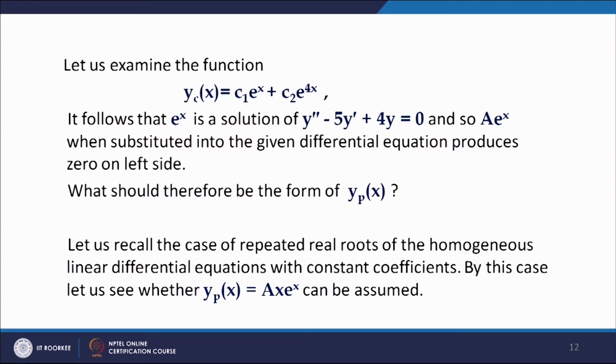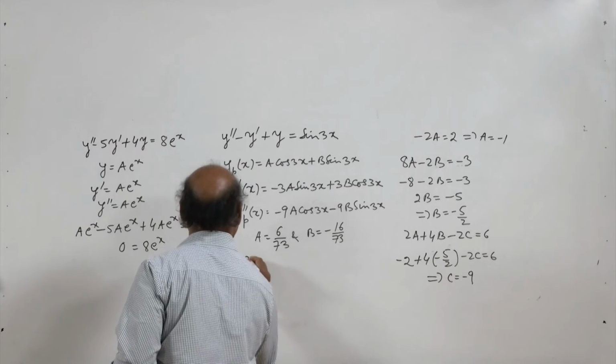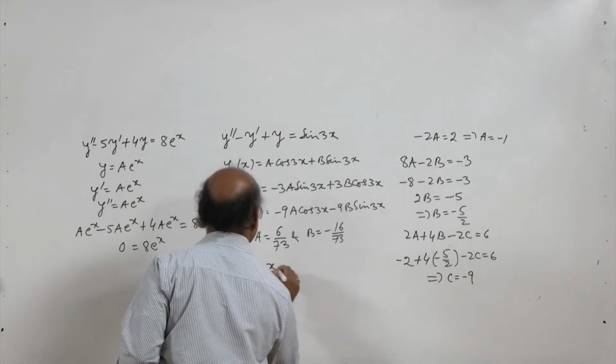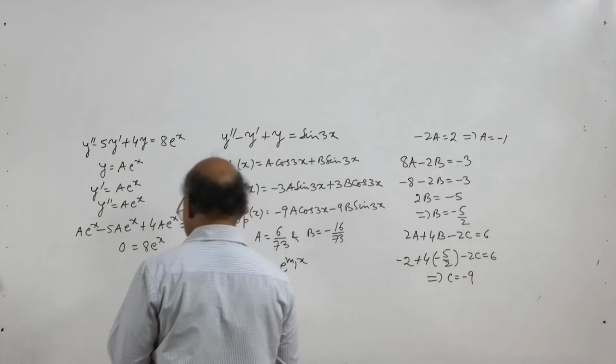Now, what should therefore be a form of y_p(x)? This is the question. So, let us recall the case of repeated real roots of the homogeneous linear differential equation with constant coefficients. There we see that when the two roots are the same, if the value of m is equal to m1, which is repeated, then the two independent solutions of the homogeneous equation are e to the power m1 x and x times e to the power m1 x.